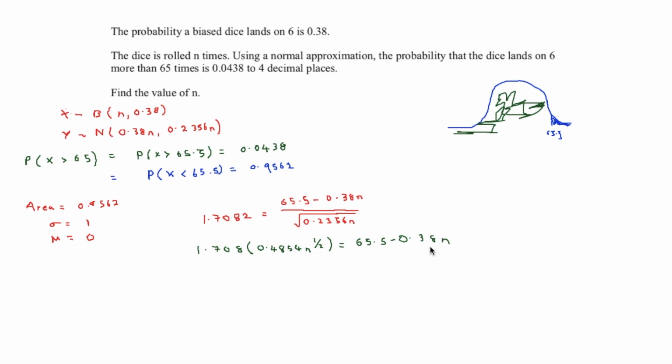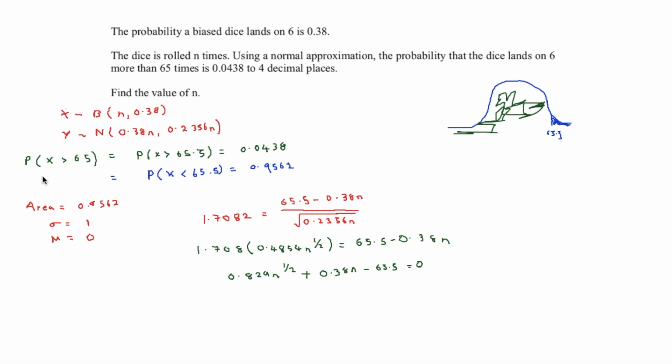Then we have to rearrange this, and that's going to give us 0.829 n to the half, then adding 0.38n, then minus 65.5, equal to 0.